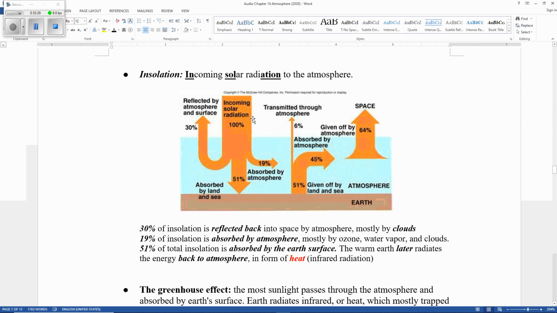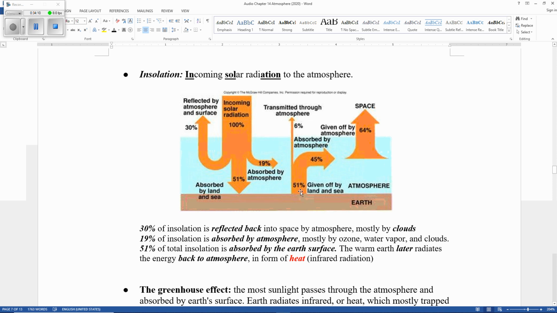The most part enters the atmosphere and is mostly absorbed by the land and water, so Earth's surface receives most of the energy. Only a small part, roughly 20%, is absorbed by the atmosphere directly, like by ozone molecules. So remember, most insolation is absorbed by the Earth first.